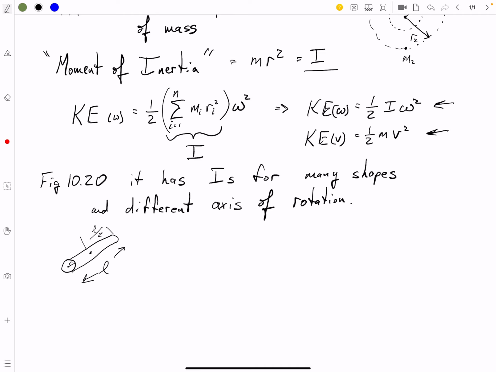And we can have all different kinds of axes, okay? So where might be our first axis? We could do on the one end of it, we could have the whole rod rotate like this around axis 1.